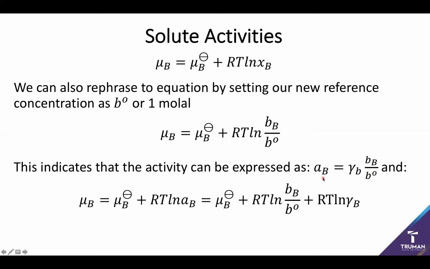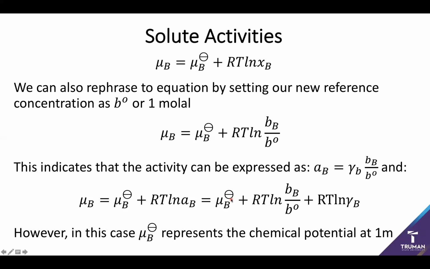But most importantly, what we've really done is change that reference point, and it still can be very hard to predict what that activity coefficient is going to look like, which again can be problematic. But one of the biggest things I want to make note of as we're switching these reference points is this reference chemical potential is very different from what it was when we're making use of mole fraction.